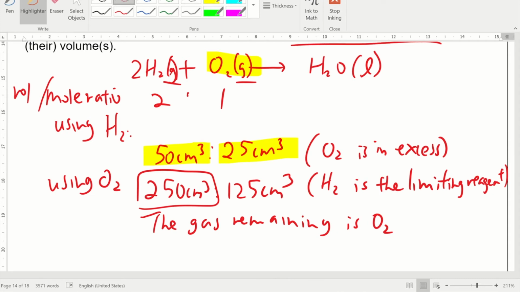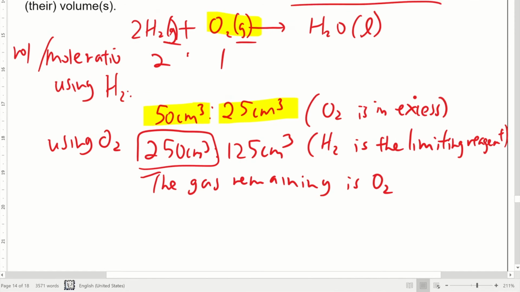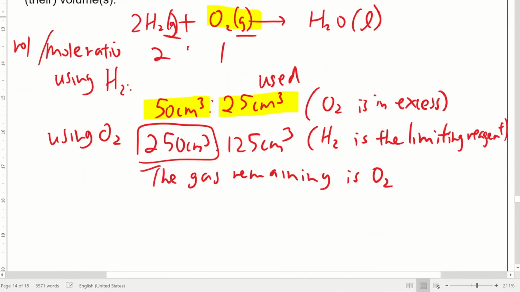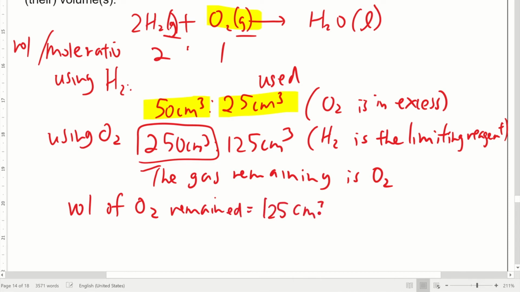Okay, so the question is asking, what is the volume of the gas remaining? If you look here, you are given 125 cm cube, and you only use up 25 cm cube to react with the hydrogen.